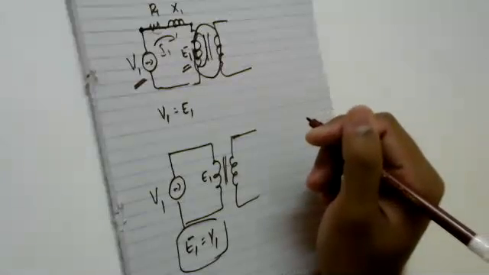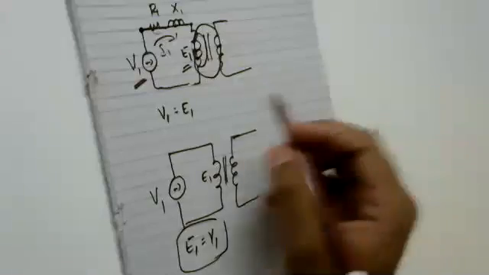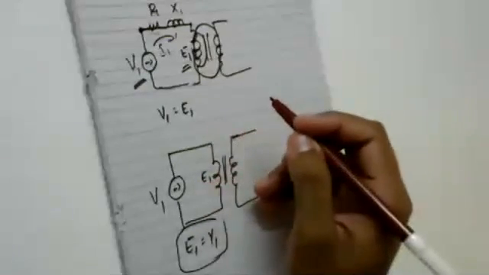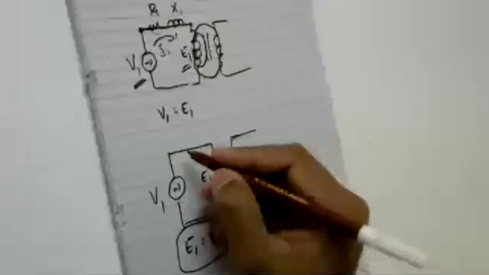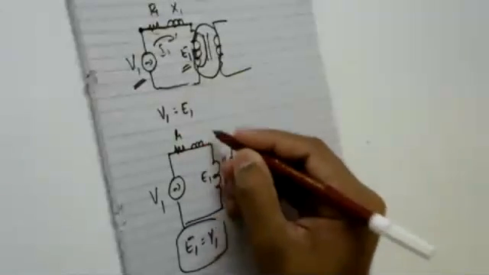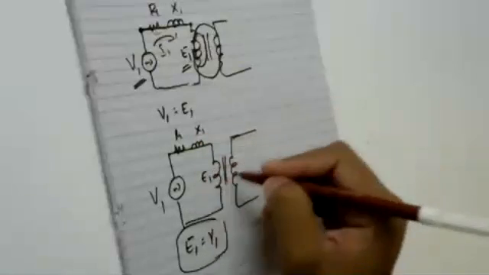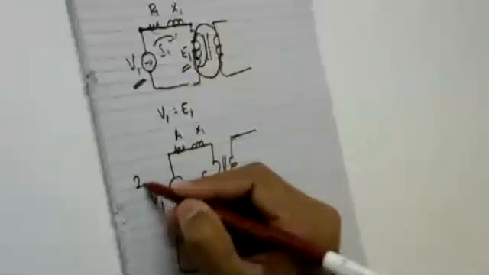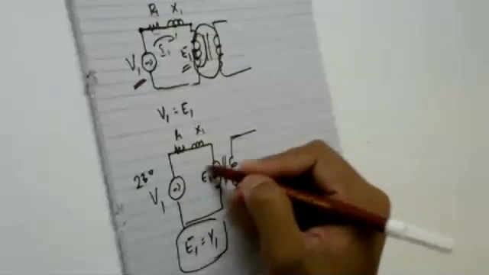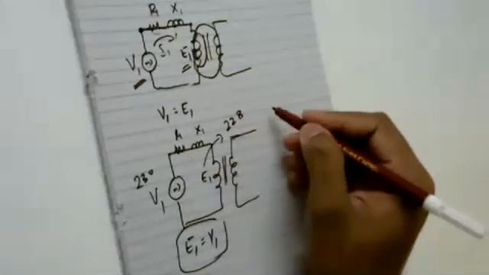Yes, Ayutta? Okay. In future, when we solve numericals on the equivalent circuit, we will include the value of resistance R1 as well as reactance X1. You will find a very small difference: if you apply 230 volts on the primary side, the EMF induced may be around 228 or 227.